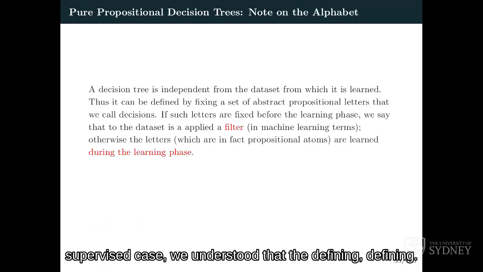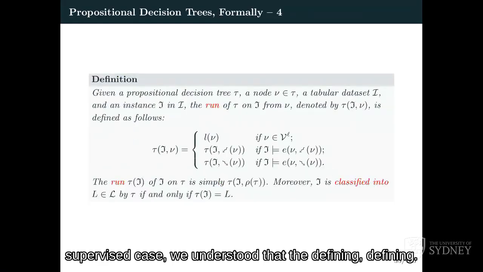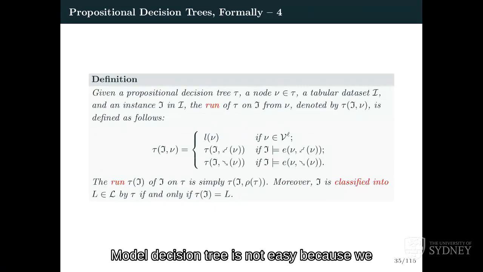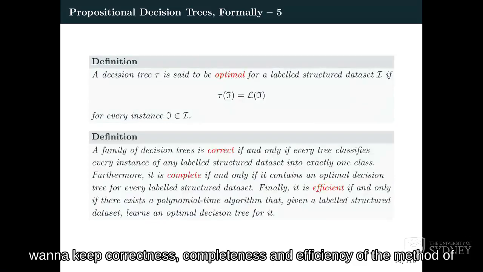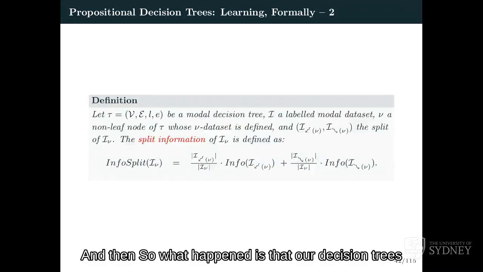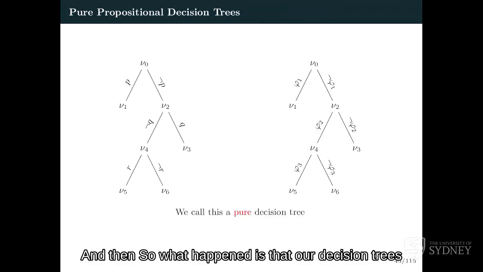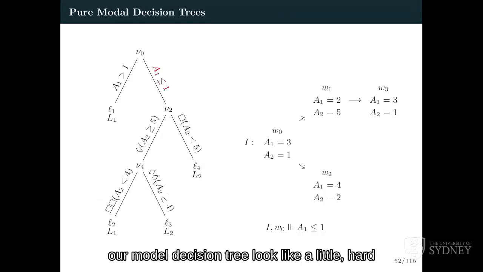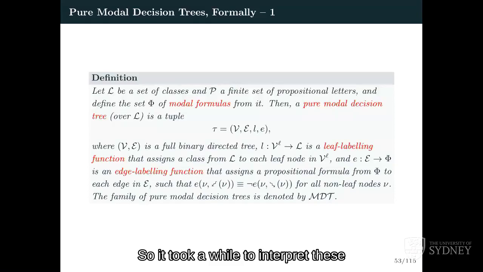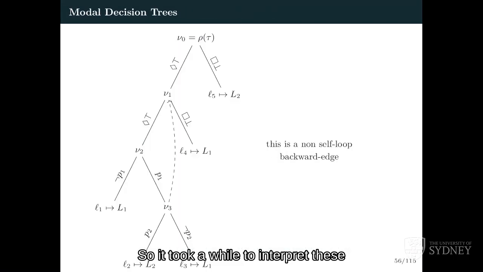We understood that defining modal decision trees is not easy because we want to keep correctness, completeness, and efficiency of the method. And our modal decision tree looked a little hard to understand. So it took a while to interpret these objects just like this one.